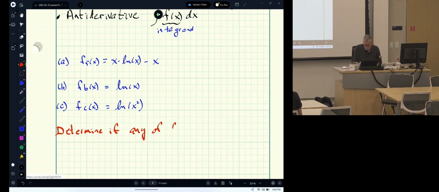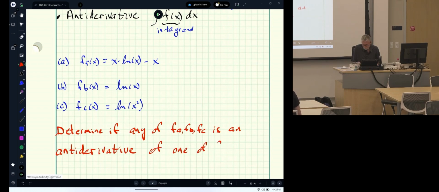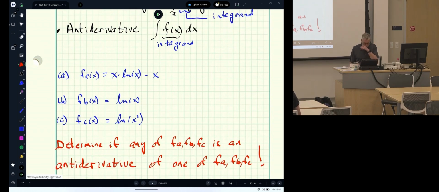Determine if any of f a, f b, f c is an antiderivative of one of the others. Okay, so that's our challenge.